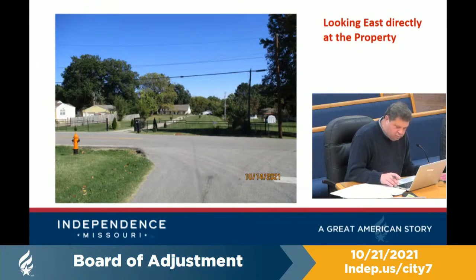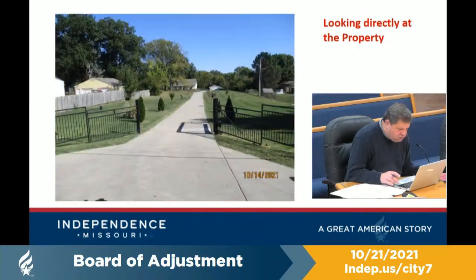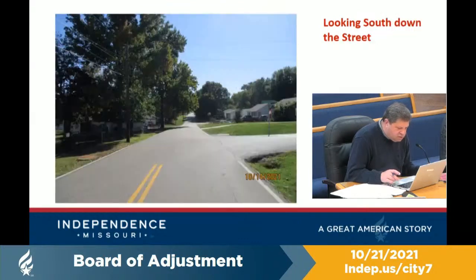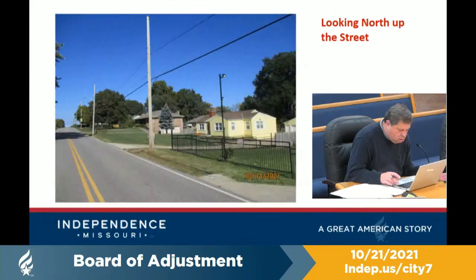So we'll look at the area around the entrance of his property. This is a little bit closer look. You can see the fence and his deep driveway going back to his house. This is southbound on Hardy. And this is northbound on Hardy looking back toward 31st Street and the new elementary school.